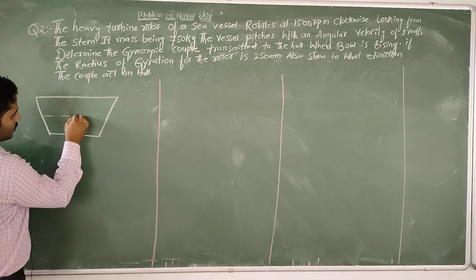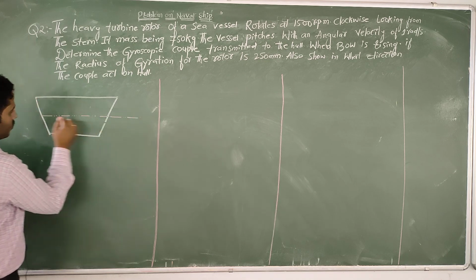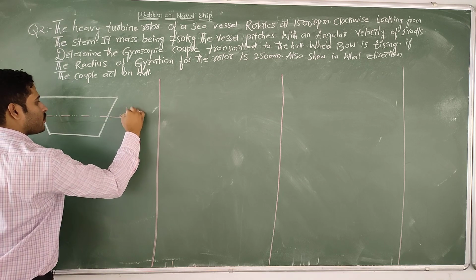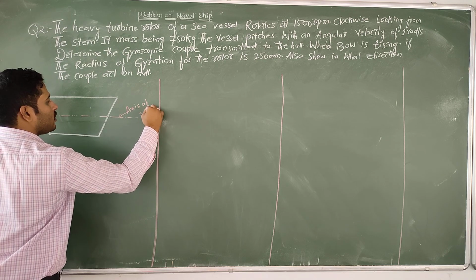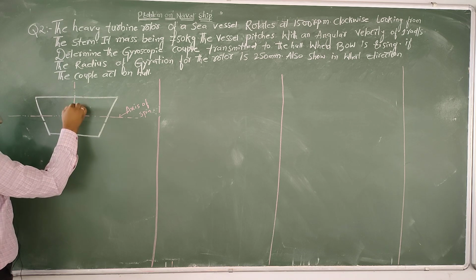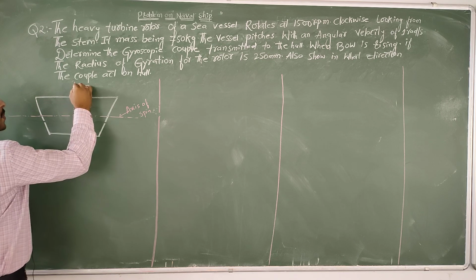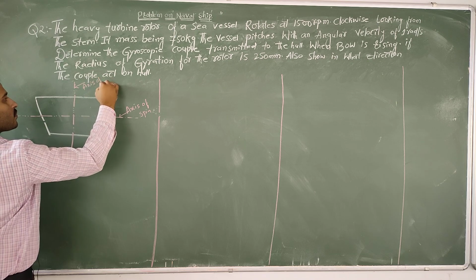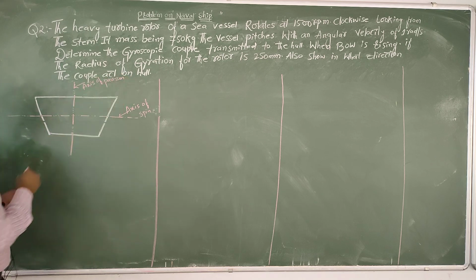This axis is called the axis of spin. The vertical axis we can say is the axis of precession.